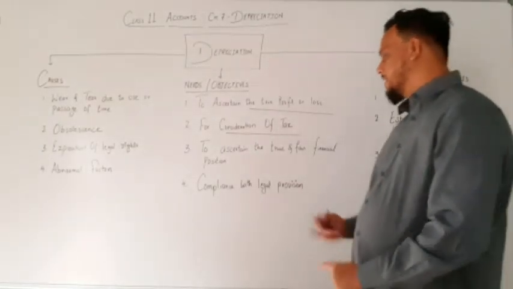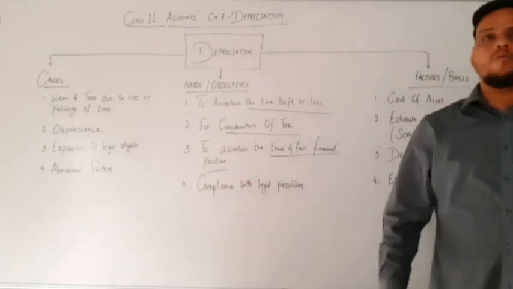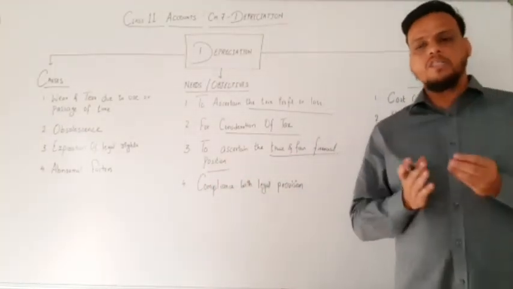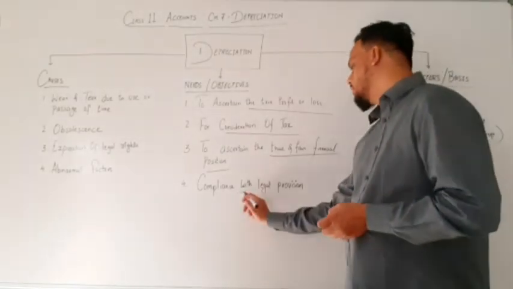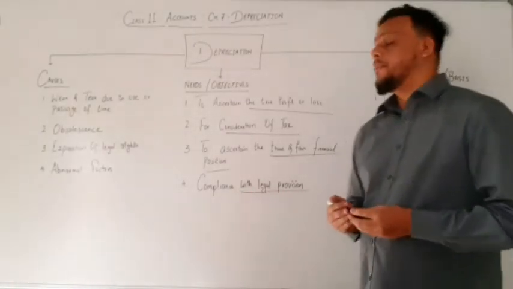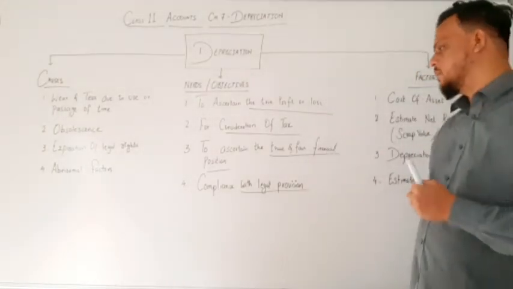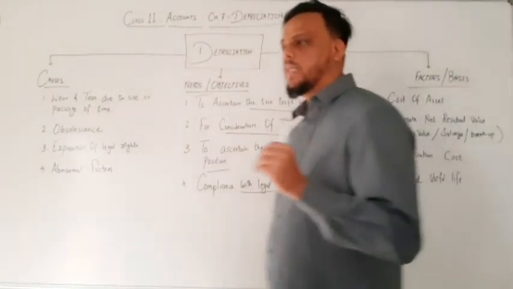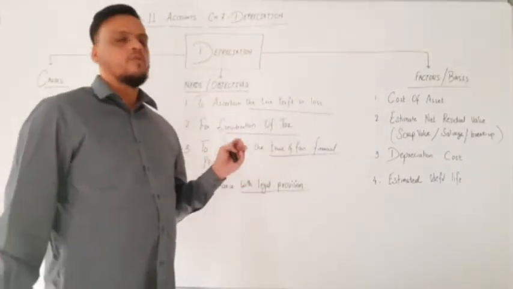Third point is to ascertain the true and fair financial position, to find out where you stand in the current situation after deducting depreciation. Then, complying with legal provisions: depreciation helps in complying with the perfect methods of legal processing, or we can make provisions for particular decisions of the company.